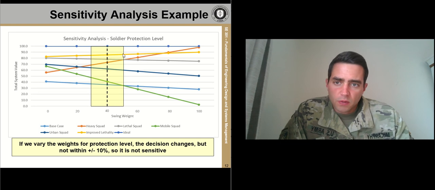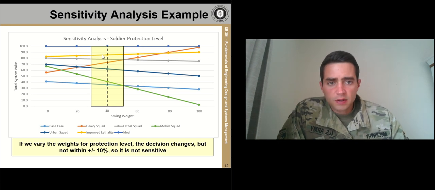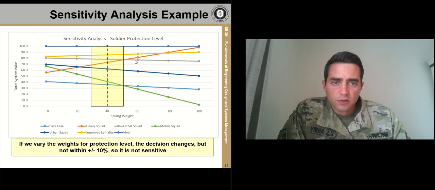So what we're looking at when we do these sensitivity analyses is intersections in the winning solution. The winning solution at our original swing weight is improved lethality, as I mentioned. And we're going to look at this entire graph and see if there's any case when the winning solution is not improved lethality, if there's a crossover. So we can identify a crossover right here at 80 swing weight.